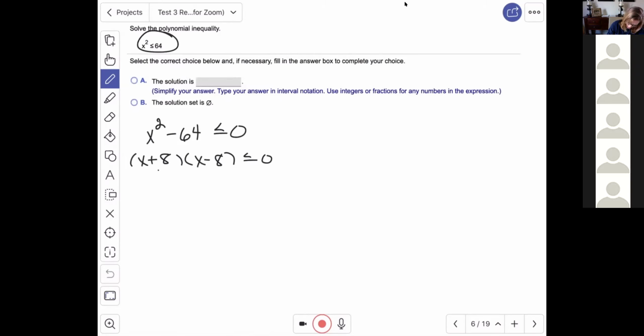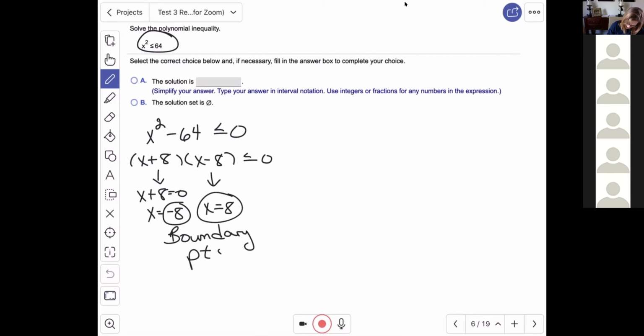To find your boundary points, set it equal to 0 and solve. So this would be x equals -8 and x equals 8. We call them boundary points.